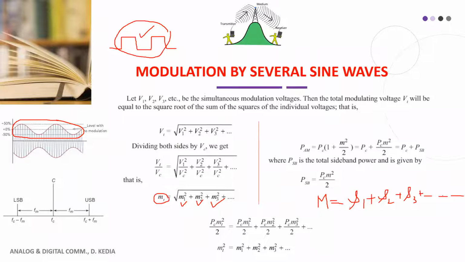So any signal can be expressed as a summation of various sine wave components. That is the main significance of this slide: the specific example we took with regard to a sinusoidal wave can be generalized if you use this concept of modulation by several sine waves.